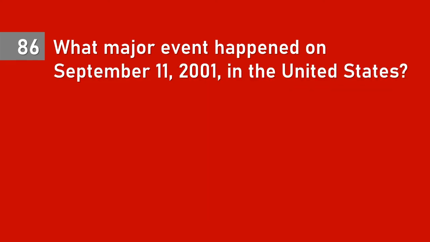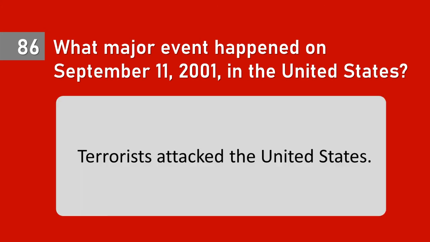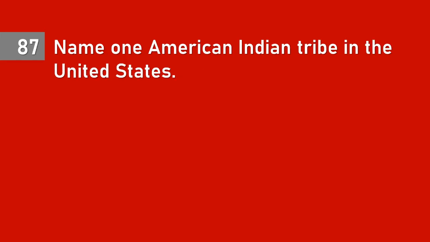Question 86. What major event happened on September 11, 2001, in the United States? Terrorists attacked the United States. Question 87. Name one American Indian tribe in the United States.